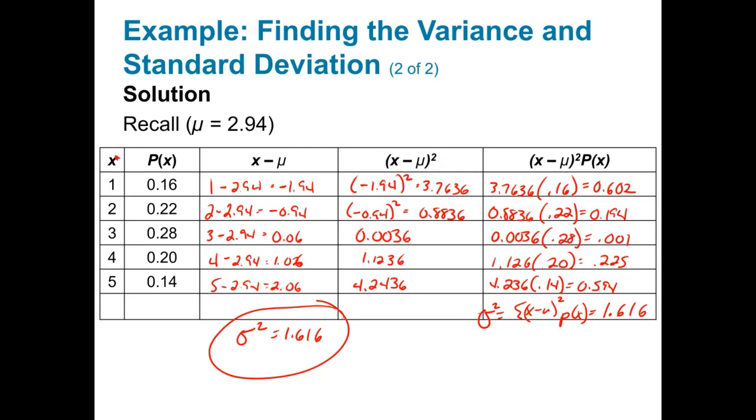And then, of course, how do we get standard deviation from that? Square root it, right? So standard deviation is just square root of 1.616, which is approximately what? Give it to me to one decimal place. 1.3. Good. Questions?